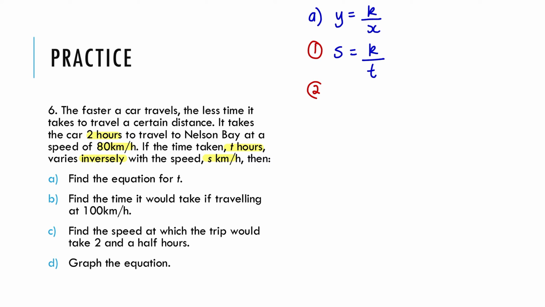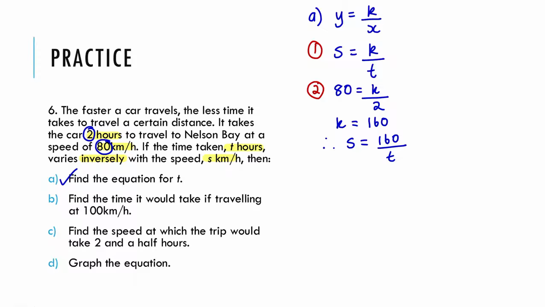My second step is to find the value of k. I know that my speed is equal to 80 and that my time is equal to 2. So k will be equal to 160, and my equation is s equals 160 over t.